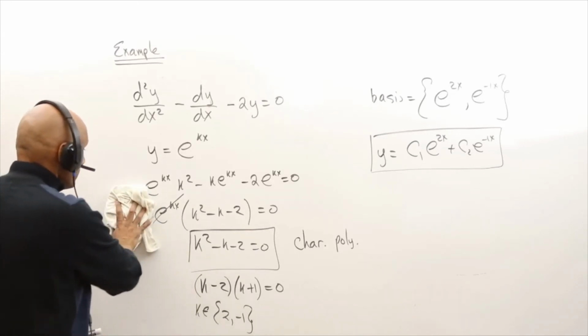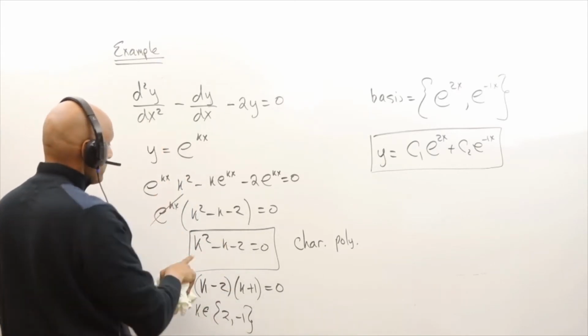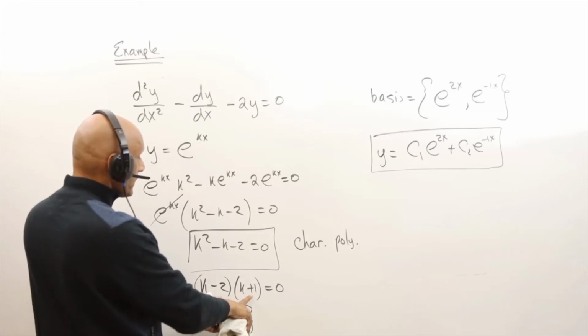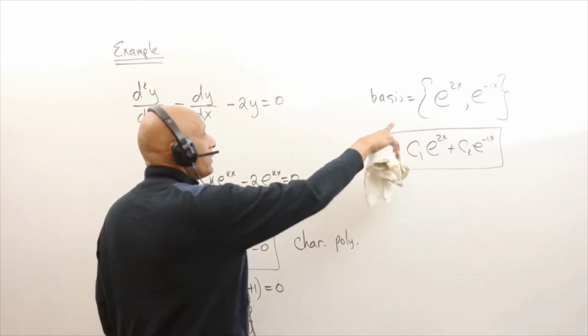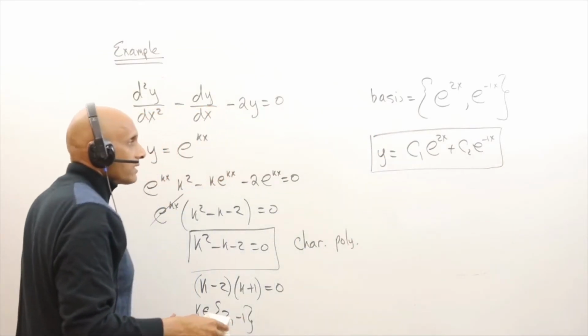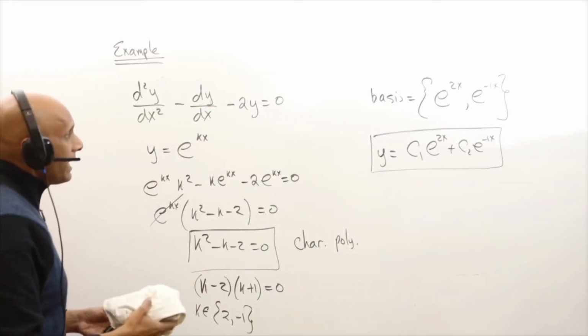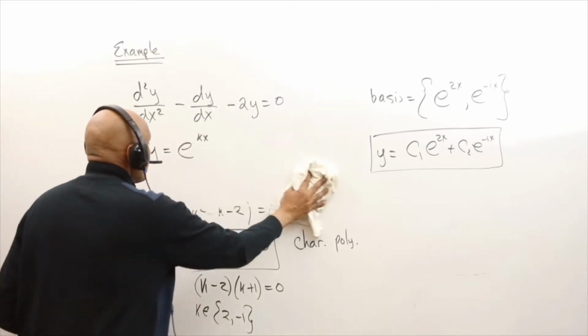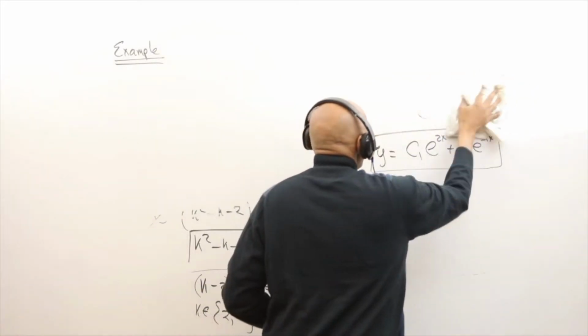What exactly happens if I get a second order differential equation and the roots are identical, in which case k is only one value and I can only find one basis vector? That leads into the next concept, which is how do I find the remaining basis vectors? Let me make this concrete by giving you an example.